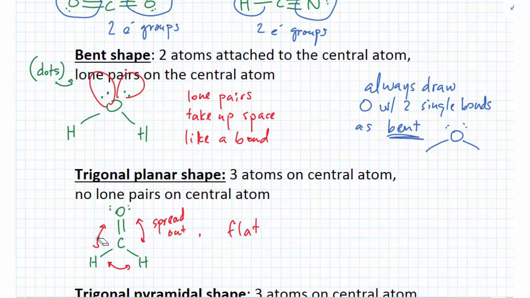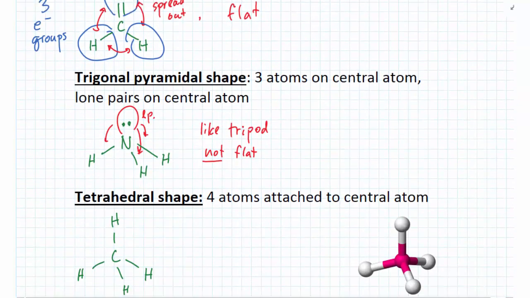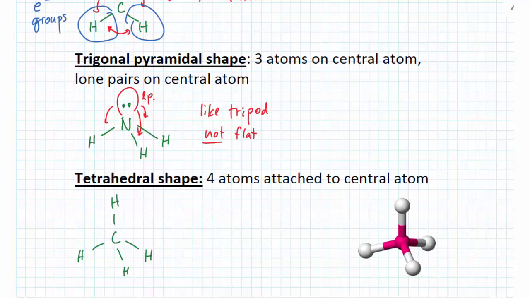How many electron groups is that? Yeah, that's 3. And then all of the other ones, the bent one, the trigonal pyramidal, and the tetrahedral, they all have how many electron groups? They all have 4 electron groups.